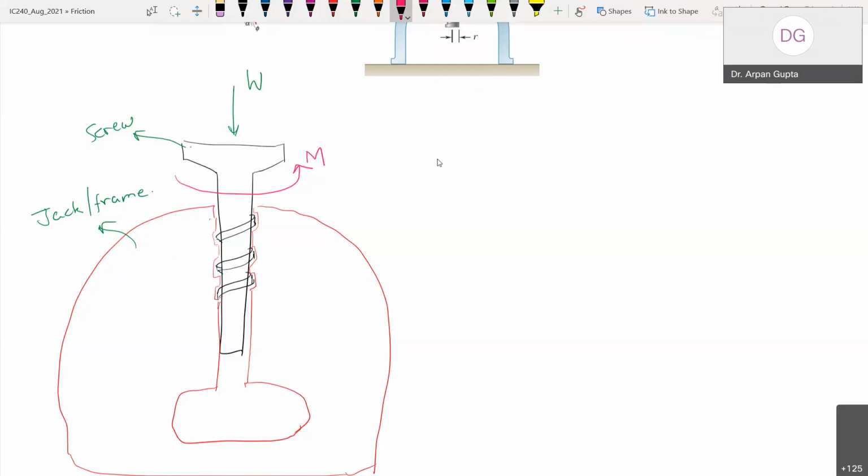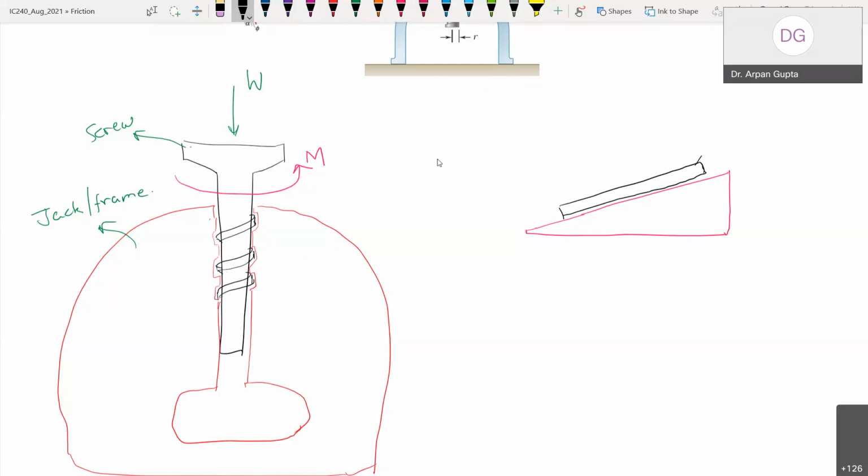Now, if we cut open the section and expand it, it will look something like this. Let's say this is the red color thread of the frame, and this is the thread of the screw.